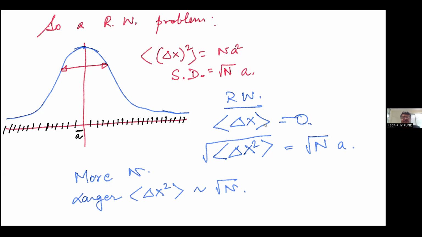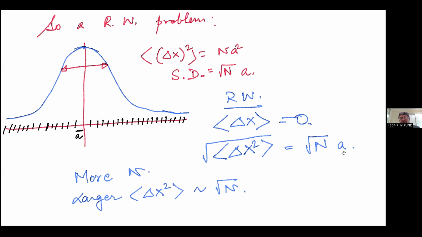Displacement average is not a good quantity, but displacement square average is a better quantity, and that is essentially the variance, and the square root of that has dimensions of length, right?